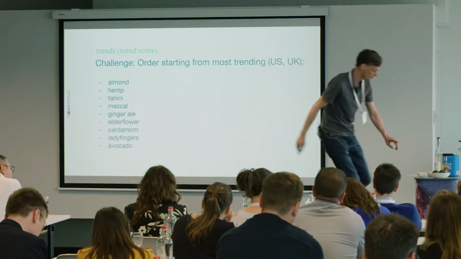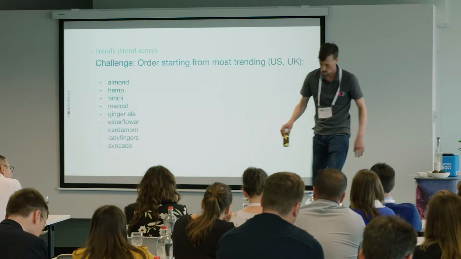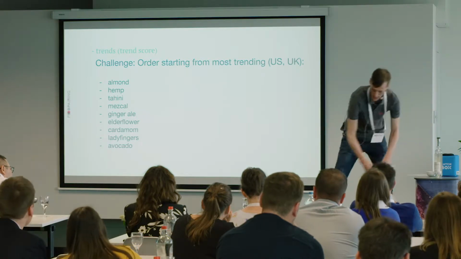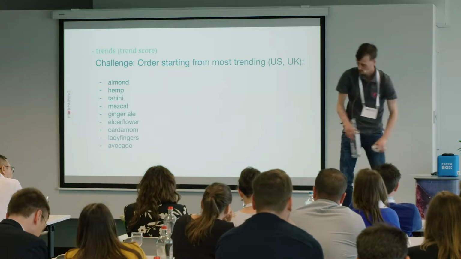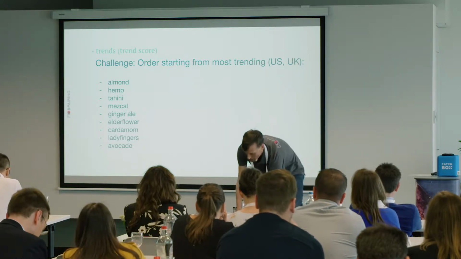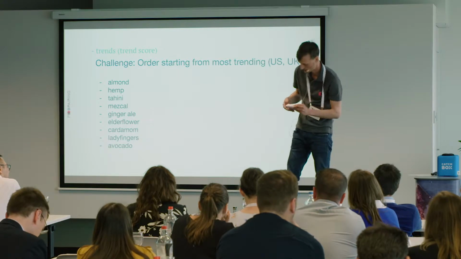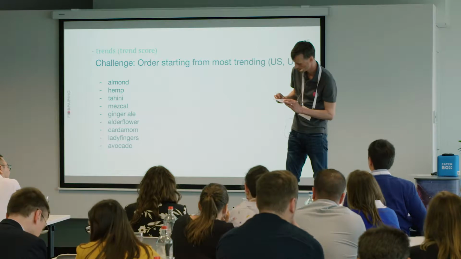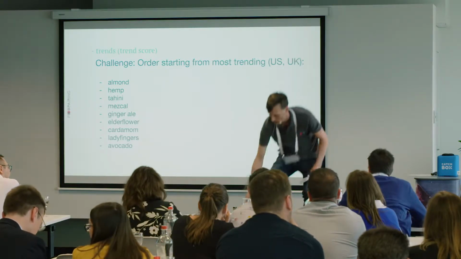I have the ginger ale, tahini, and avocado. And then, I think it's that way. We can check. I don't know. Ginger ale, mezcal. Yeah, it's the other way around.